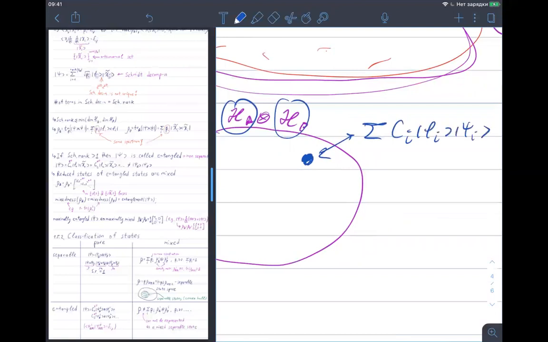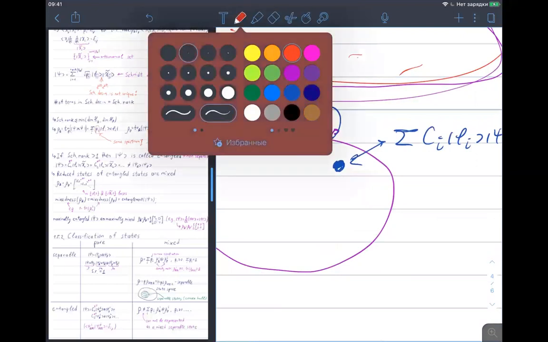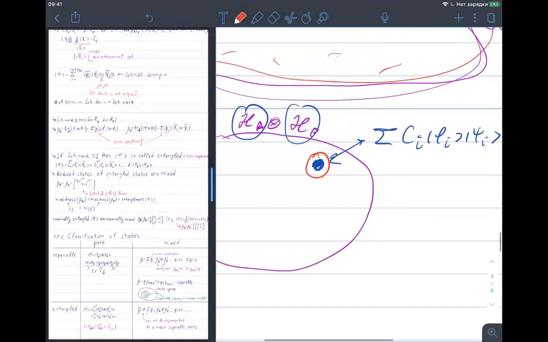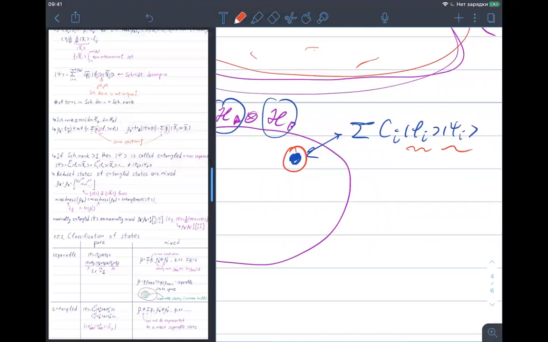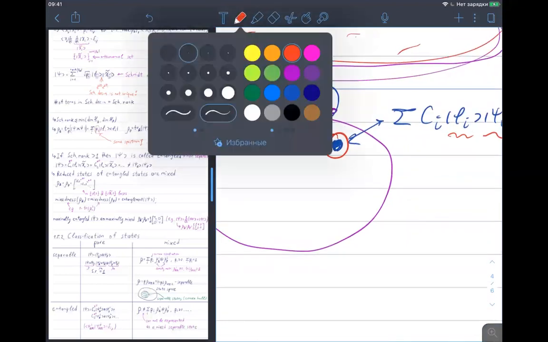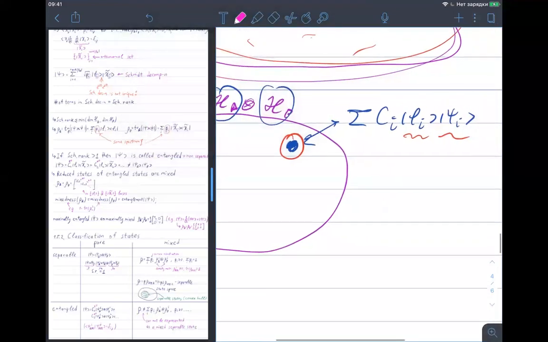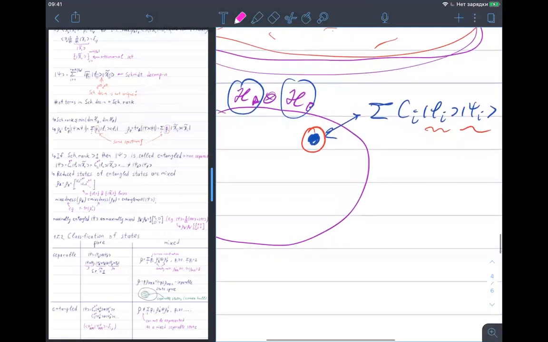Again, for some state, I have a nice basis where my state has this nice form. You ask, but if I take some other state, this other state will have this nice form, but with respect to a different basis, and of course with different coefficients.